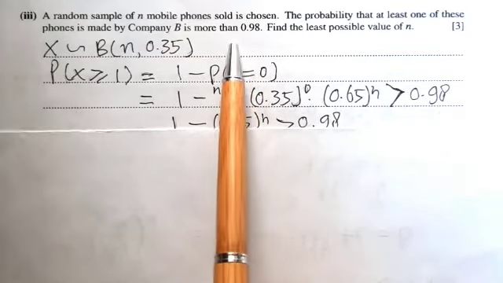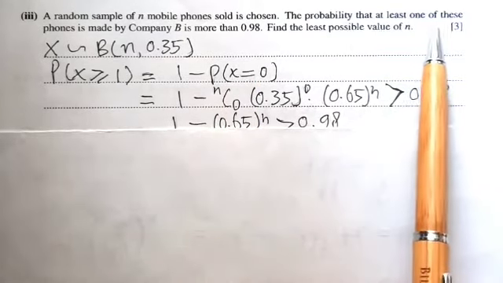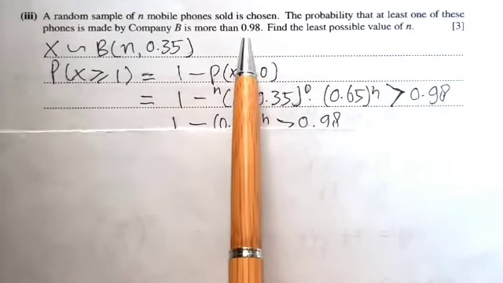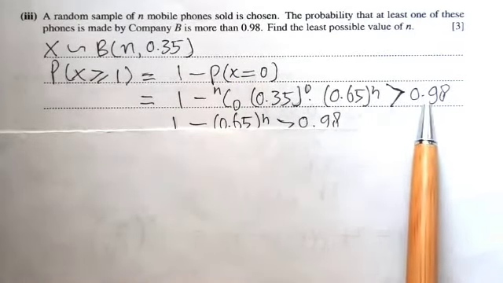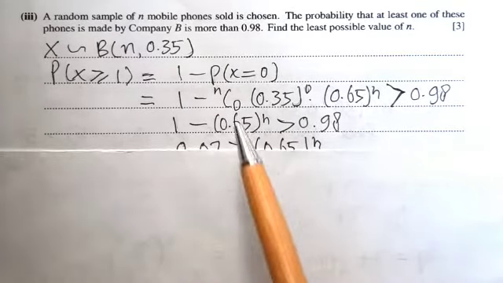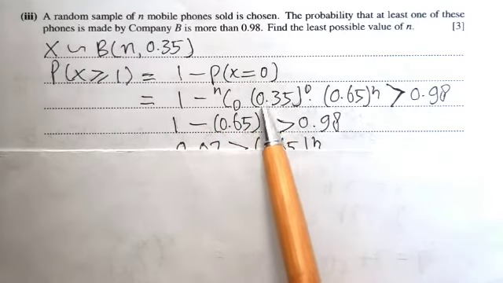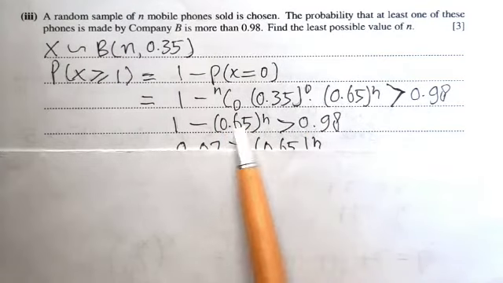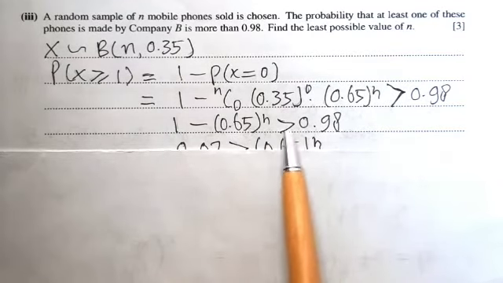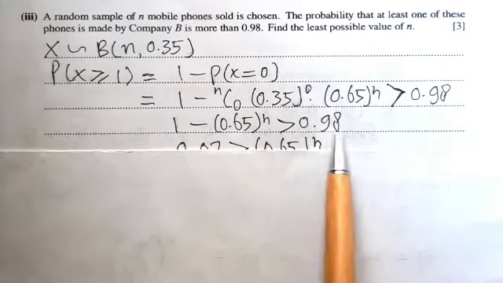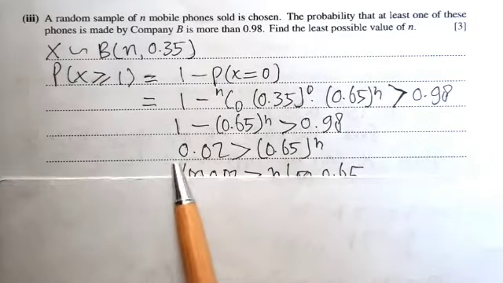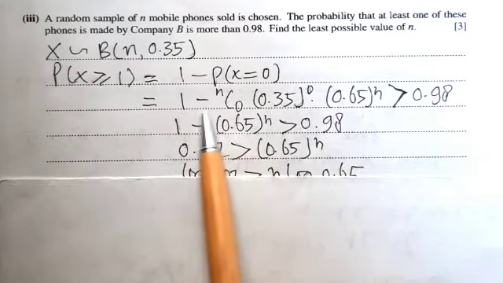This is because the probability that at least one of these phones is made by company B is more than 0.98. And n combination 0 and 0.35 to the power 0 are both 1, thus 1 minus 0.65 to the power n is greater than 0.98.